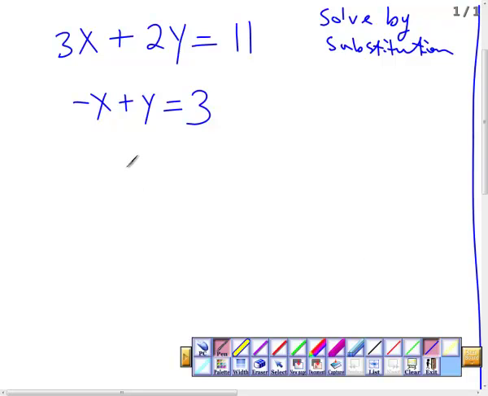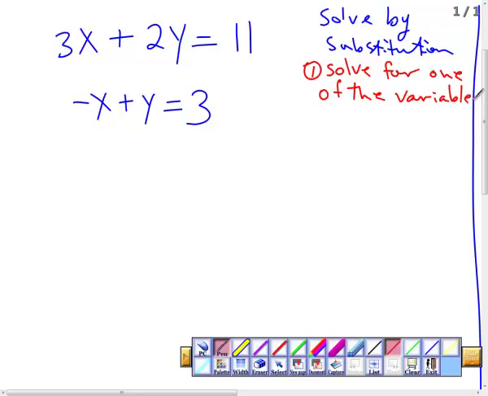All right, so that means first thing we have to do is solve for one of the variables. It could be x or y. So here we have a 3x, a negative 1x, and a 1y. So really we have a couple of them we could use.